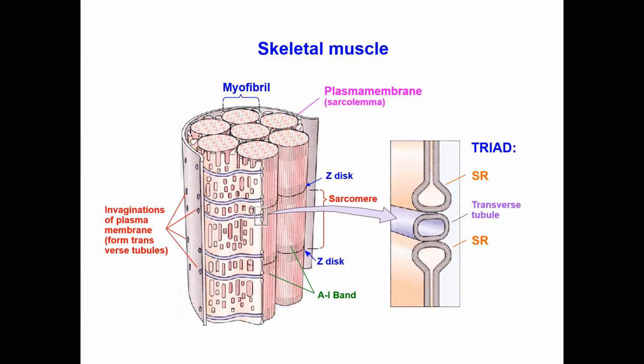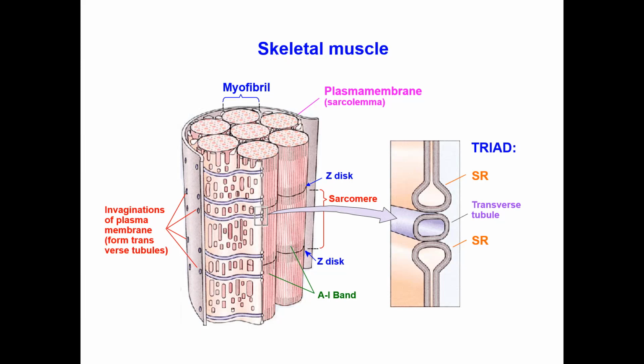Those areas are called transverse tubules. If you look at the muscle cell, the transverse tubule goes deep into the muscle, and on both sides of this transverse tubule, you have in the cytoplasm the endoplasmic reticulum. The cisternae of the endoplasmic reticulum come very close to the membrane of the transverse tubule.